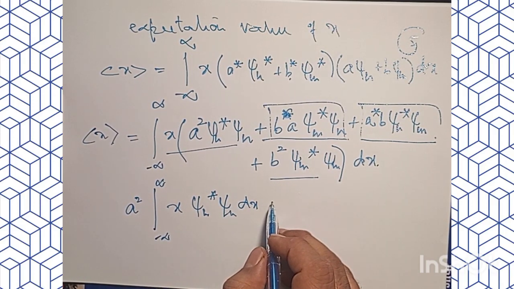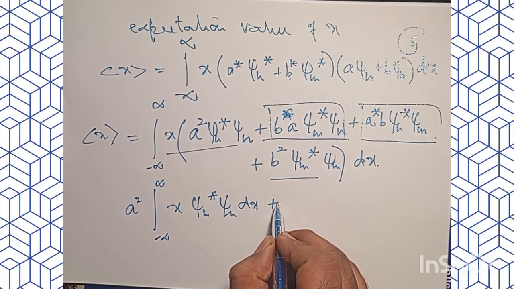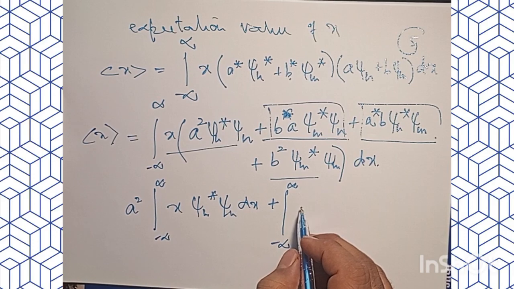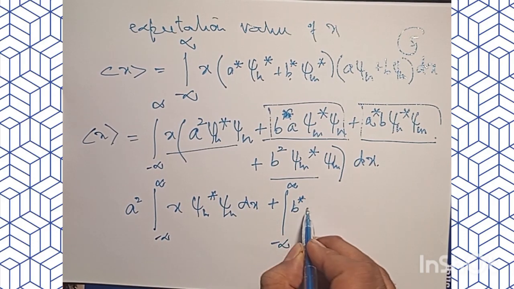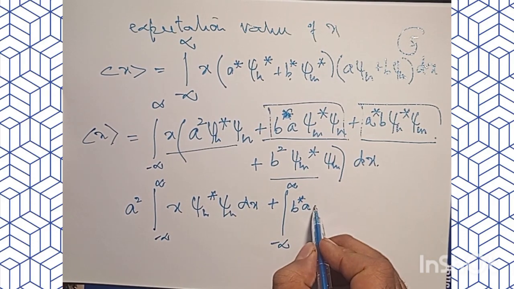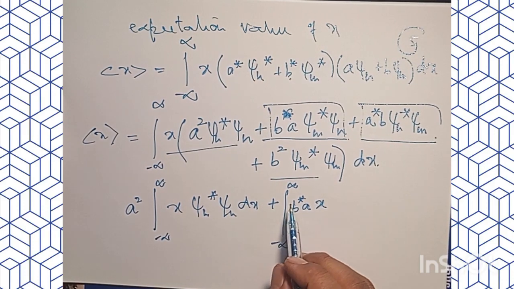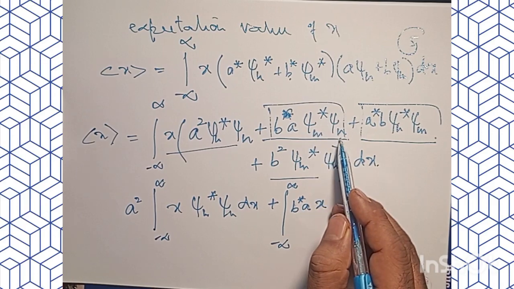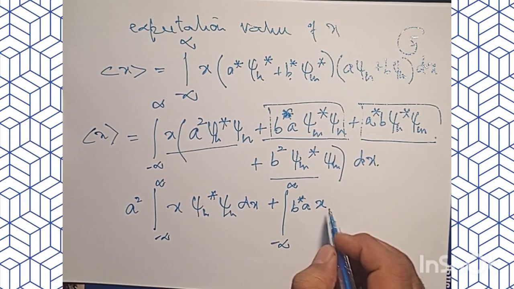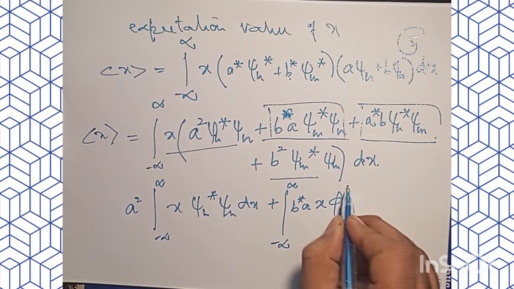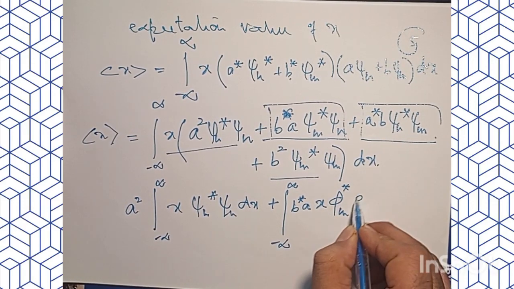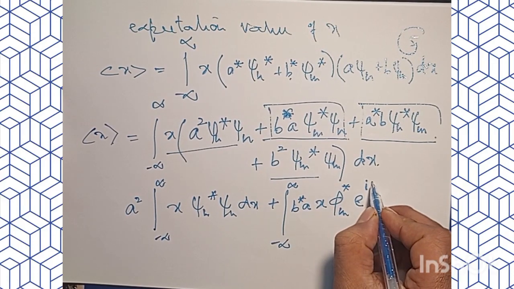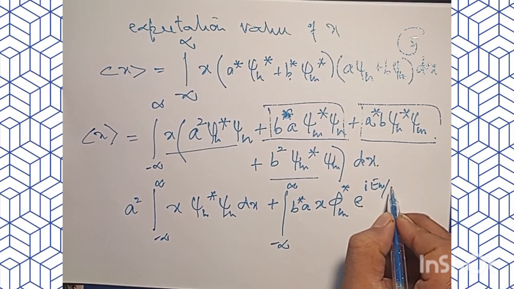And then the other one I will have is plus the integral from minus infinity to infinity of b star a, then x, and then psi m star and psi n. So here I'm going to write phi m star e to the power of plus i E_m by h t.